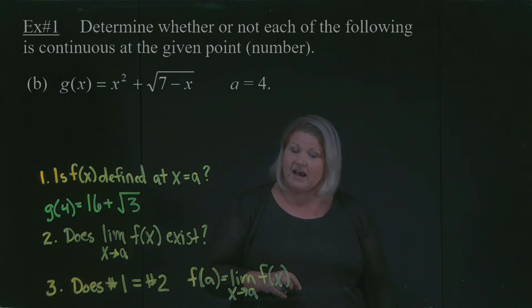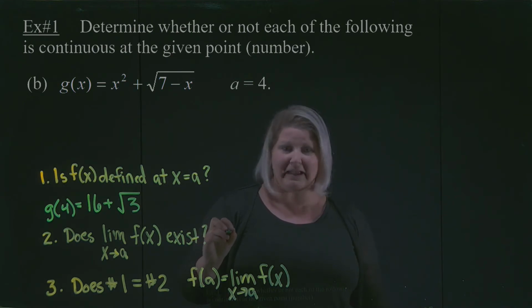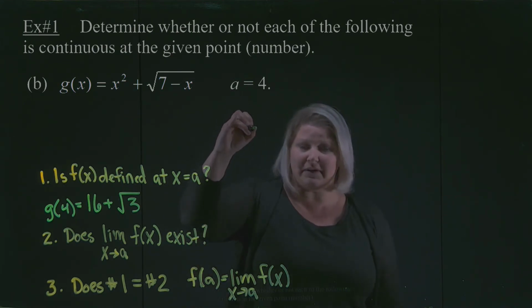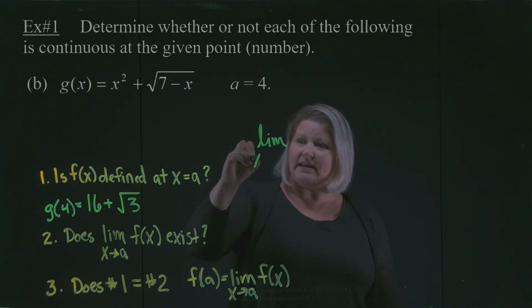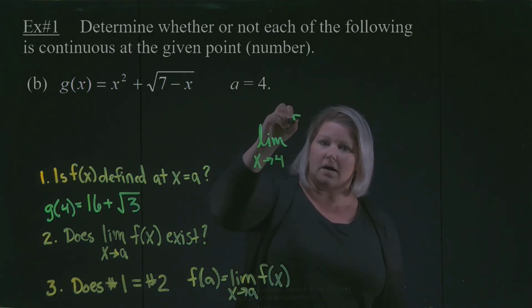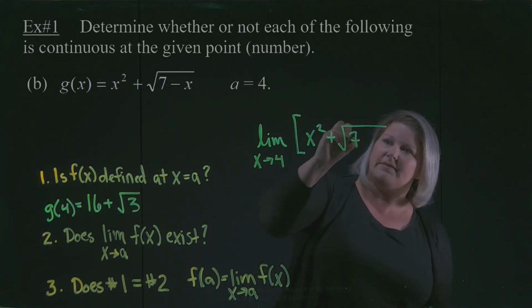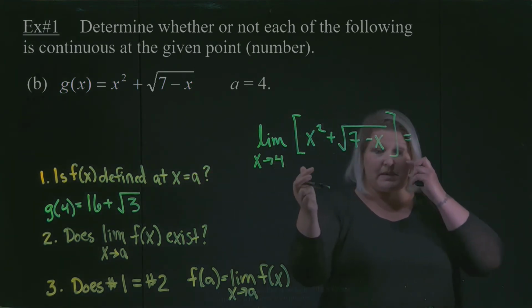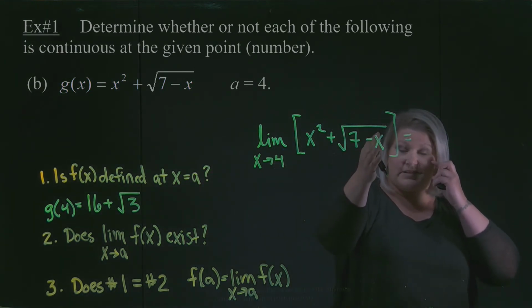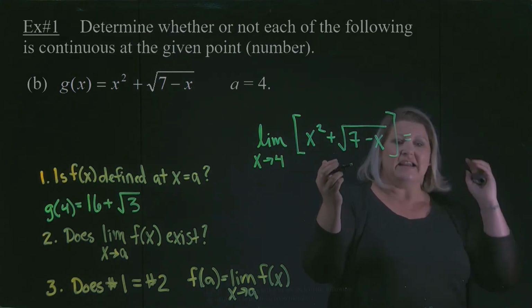Let's take a gander at the value. Now this one, it's not too bad, because if we do the limit, mind you, we don't have to do any smoke and mirrors. The limit as x approaches 4 of x squared plus the square root of 7 minus x is just going to be 16 plus the square root of 3. When we plug it in, it's not going to make it any different.